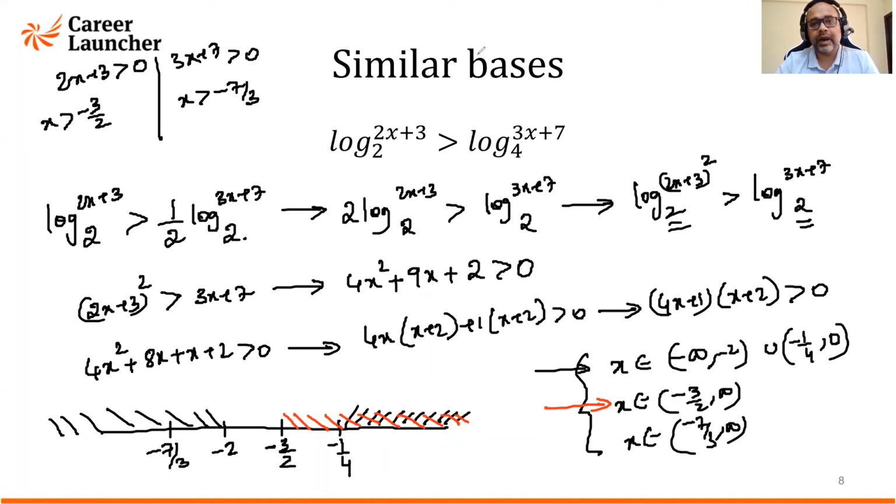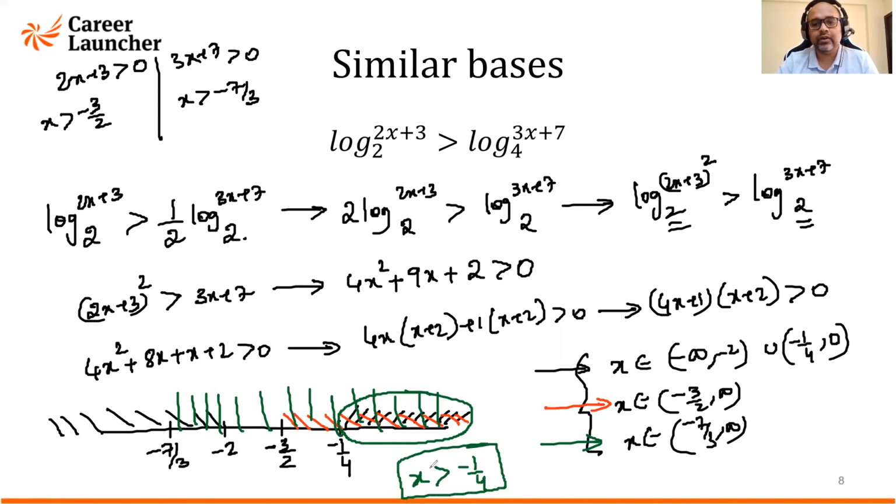And the third part, I'm going to write in green: minus 7 by 3 to infinity. Now you can see where black, green and red all three intersect. It is intersecting only in this region, which tells you that x is greater than minus 1 by 4. This should be your only final answer. You can also write this as x belongs to minus 1 by 4 comma infinity.